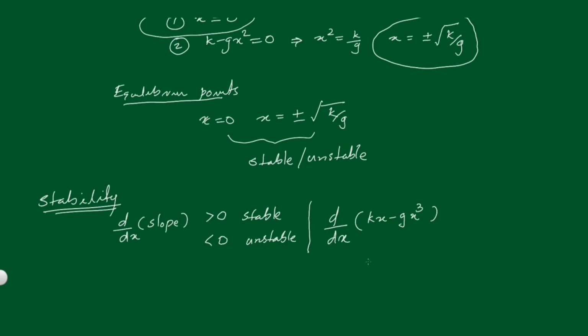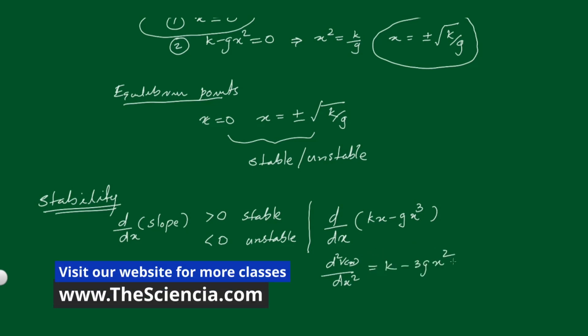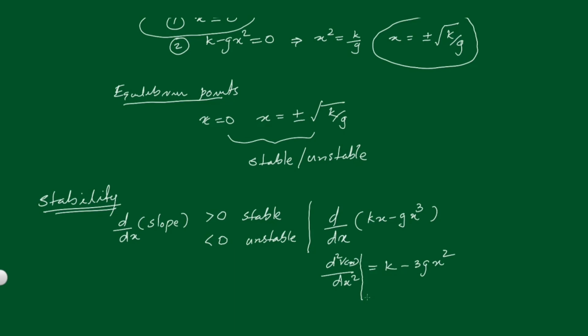So this is equal to k minus 3g x square. So this is the function, that is d square v of x by dx square, equal to k minus 3g x square. Now we have to evaluate this function at equilibrium points.